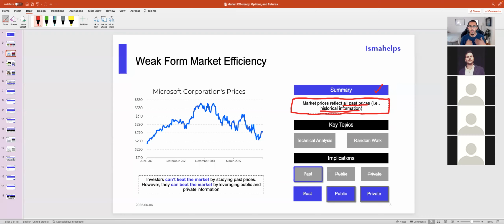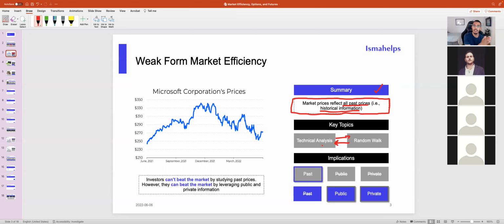Very clear. That's the idea. Now, what I'd like to talk about a little bit more is A, technical analysis, and then B, the random walk. They work really closely together. You can't have one without the other. So it's kind of like the chicken and the egg, which came first. They're interrelated.